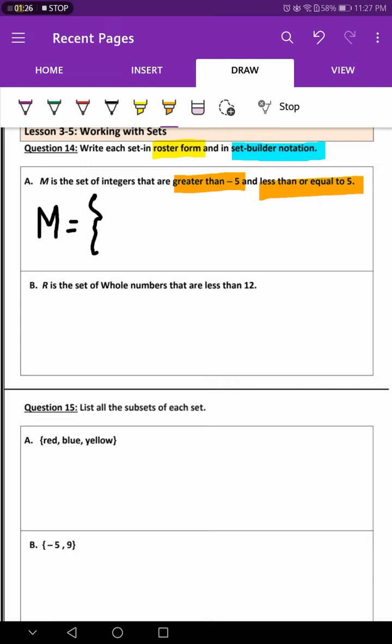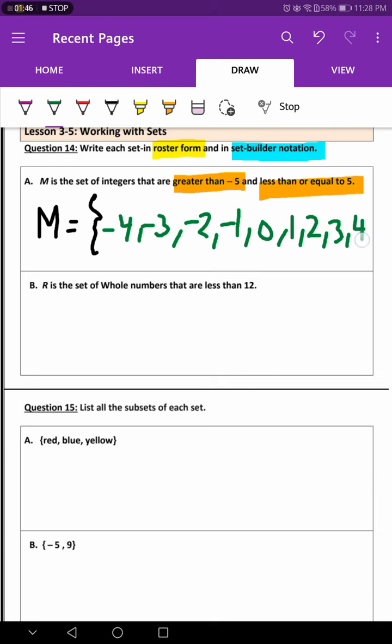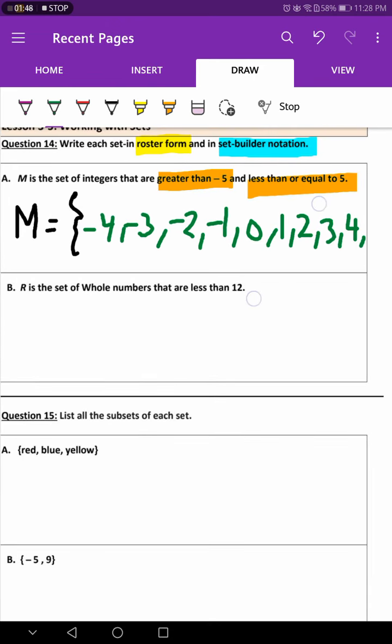So greater than -5, so -4, yes. -3, be careful. -2, -1, yes. 0, 1, 2, 3, 4, and 5.